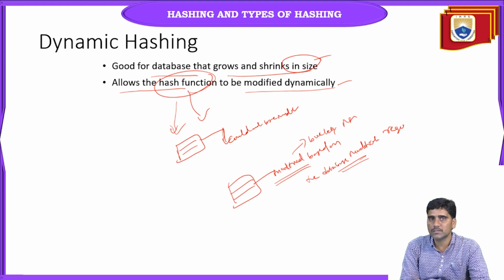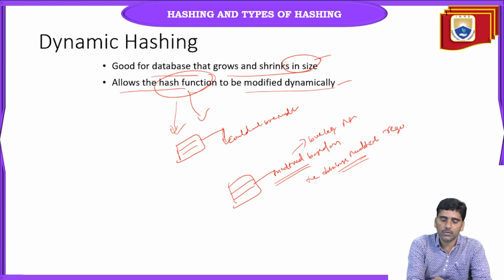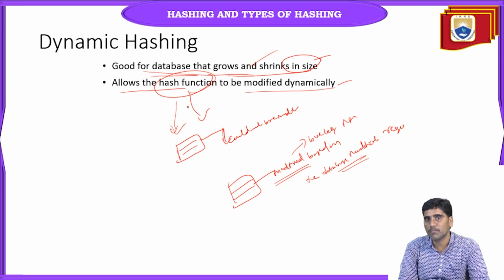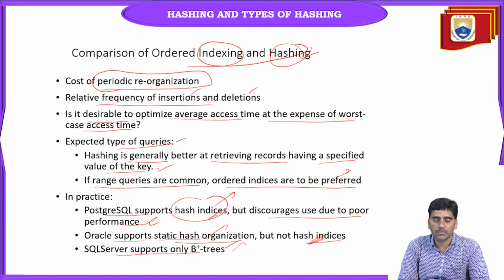By following dynamic hashing, it is good for databases that grow and shrink in size, and it also allows the hash function to be modified dynamically. And here are some comparisons of indexes and hashing. Indexes are used by SQL Server with the help of B plus trees.